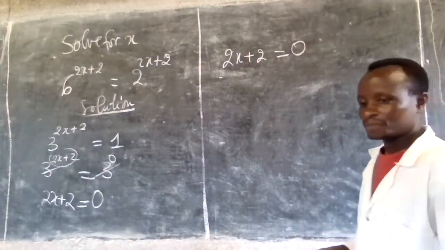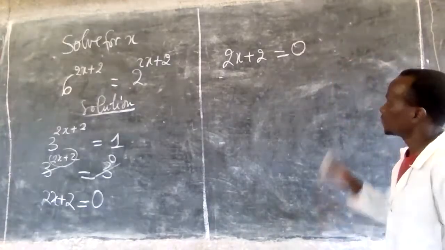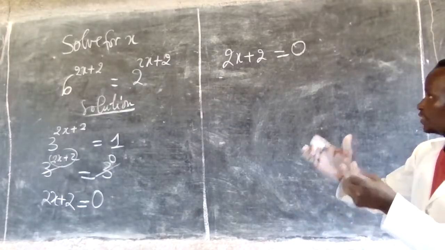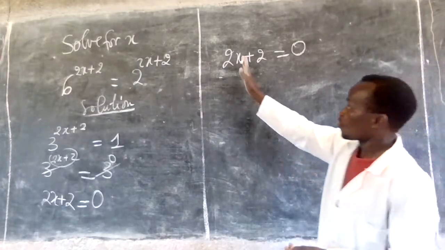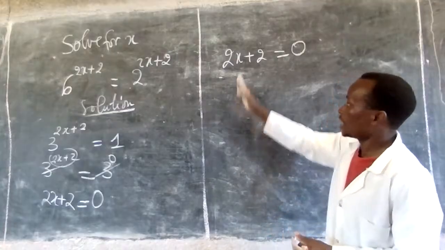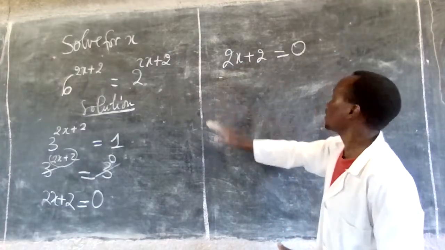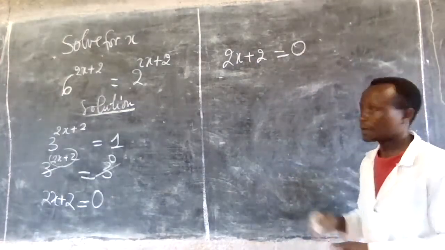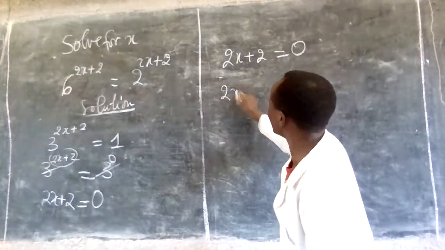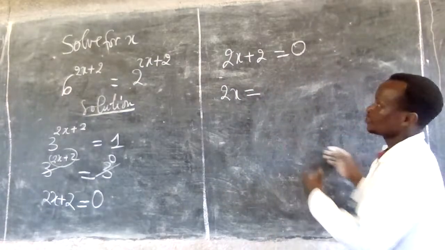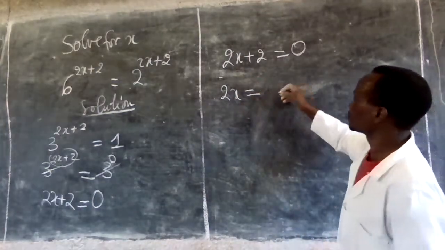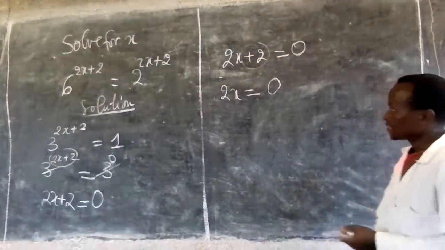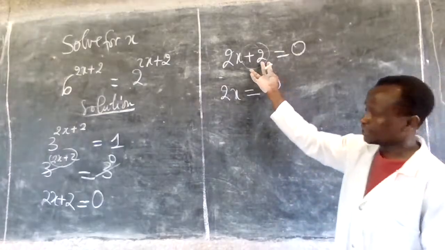Yes? So, at this step, we are going to collect similar terms, meaning like terms. Those terms which have the unknown will come in the first member. Those terms which have no unknown will come to the second member. We remain with 2x, which is equal to this 0, because we have only one unknown. And you see, this is plus 2. It is in the first member.